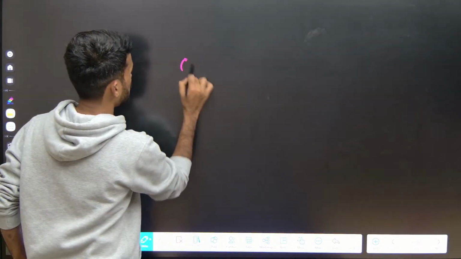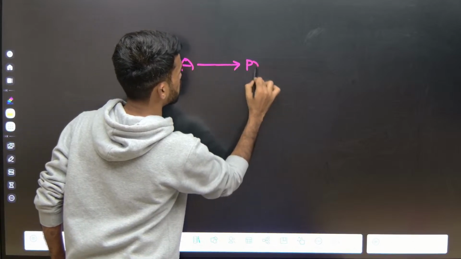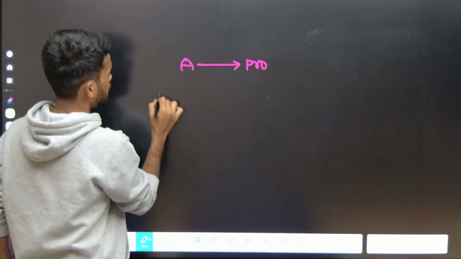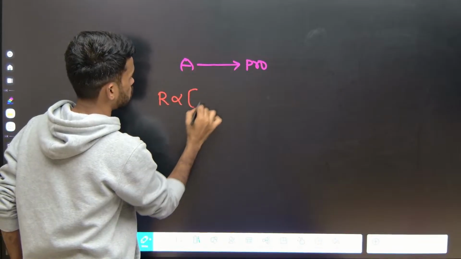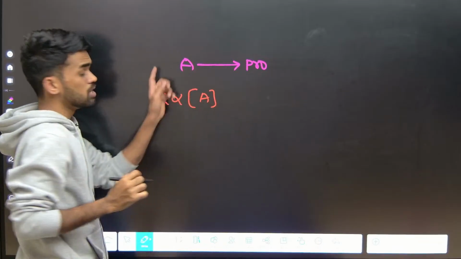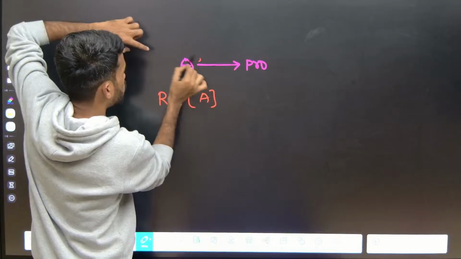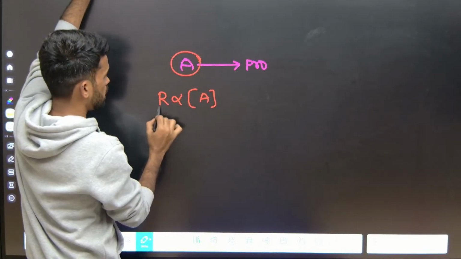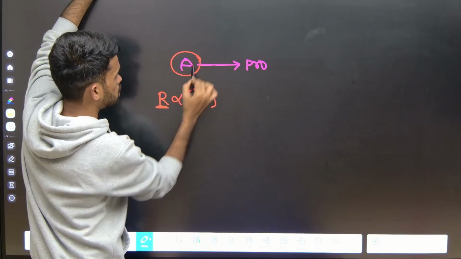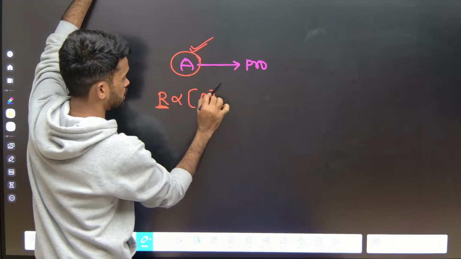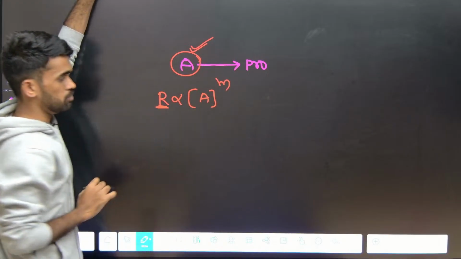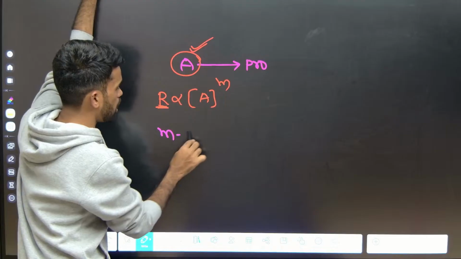For example, A giving rise to some product. The rate of reaction is directly proportional to the concentration of reactants in that particular reaction. Here the reactant is A. So the rate of this reaction is proportional to the concentration of this reactant with some power m. Here m indicates the order of reaction.